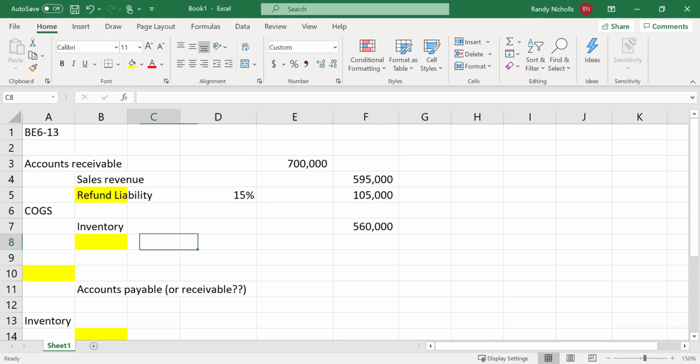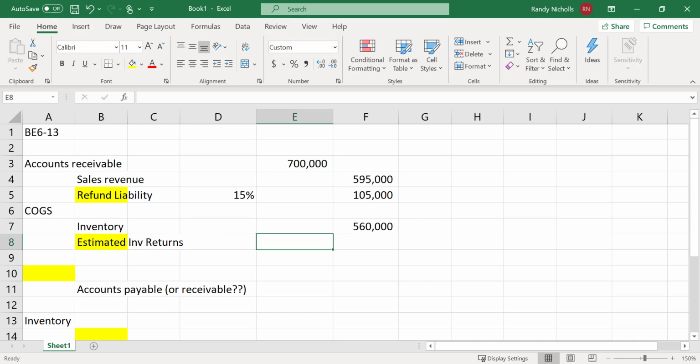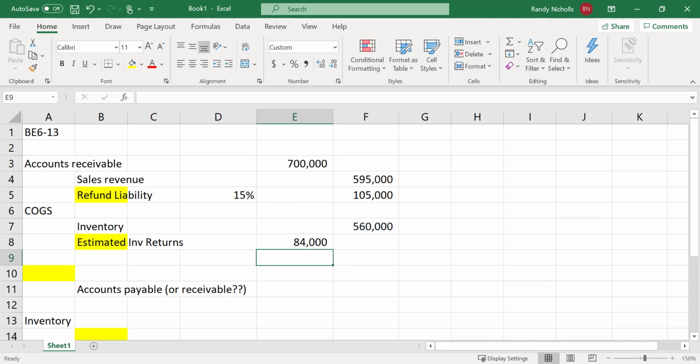And when I get 15% back, I'm going to put it back into inventory. So they call this account estimated inventory returns. Well, 15% I expect to get back, and the other 85% is my cost of goods sold.